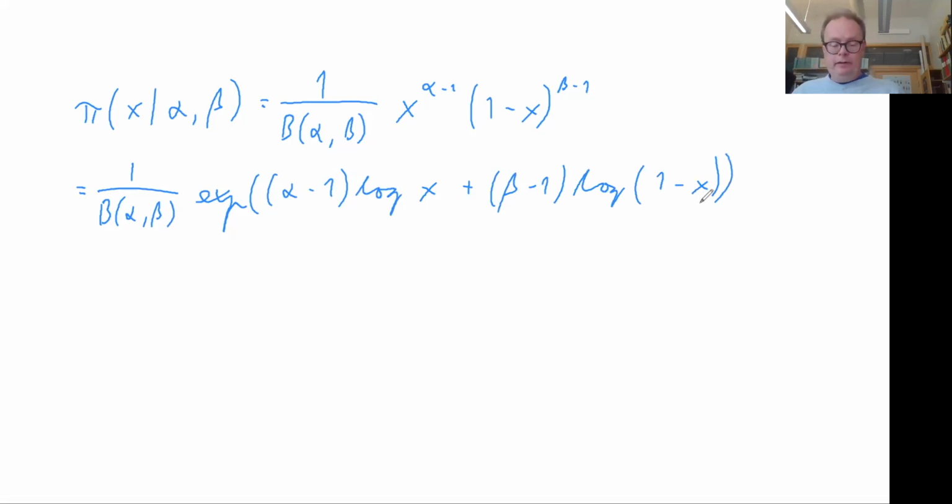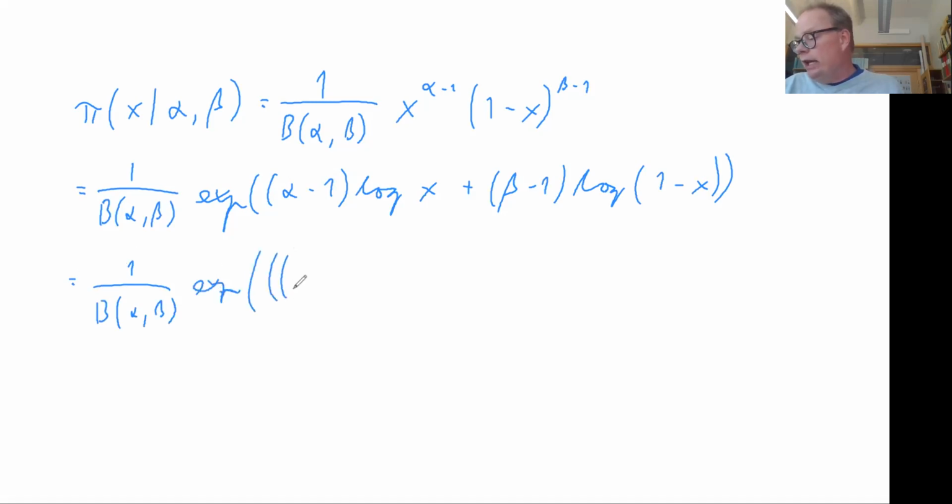And in fact, now we can see that it has this formula. So it's a dot product. We could write it even more carefully. And we have a vector here which consists of alpha minus 1 and then beta minus 1. That's the eta vector, and then we have a dot product of log x and log 1 minus x.